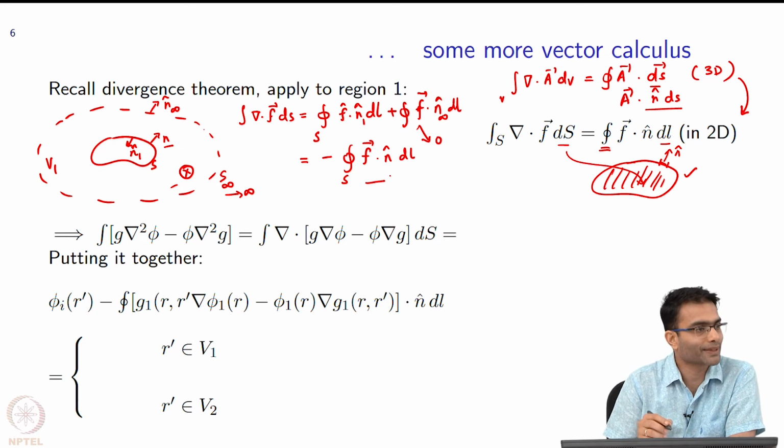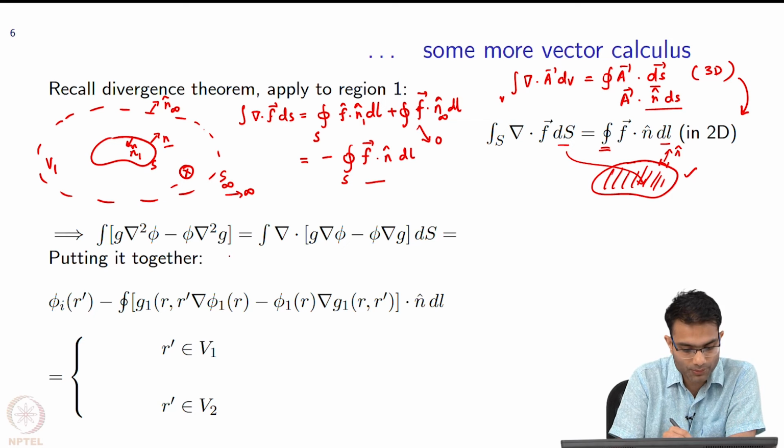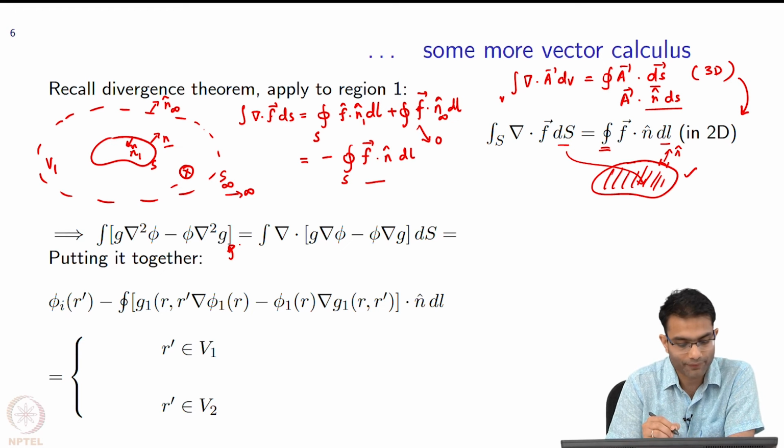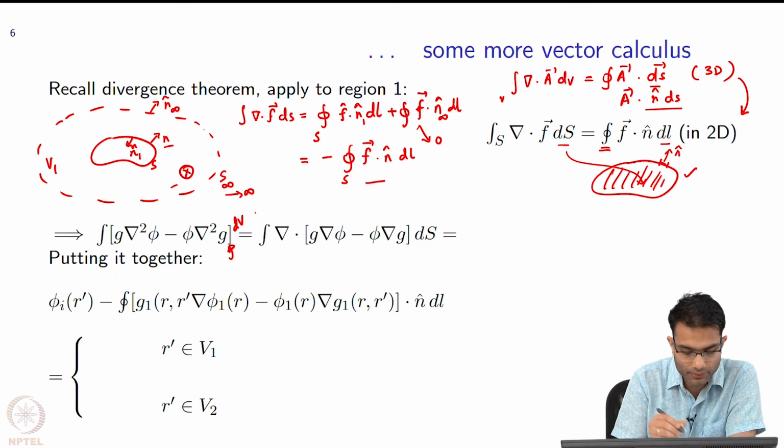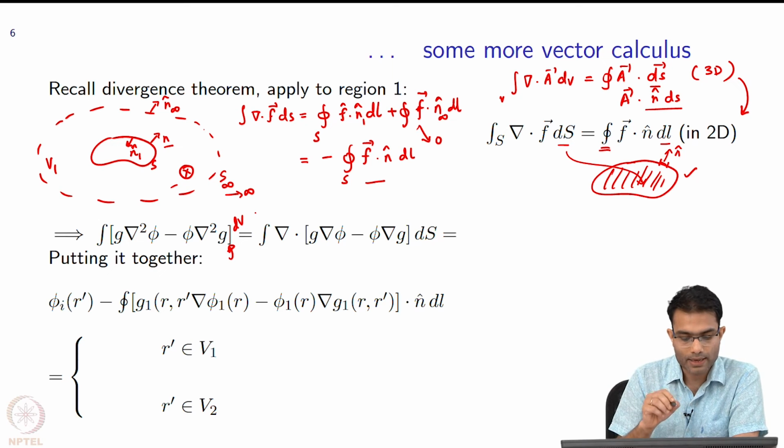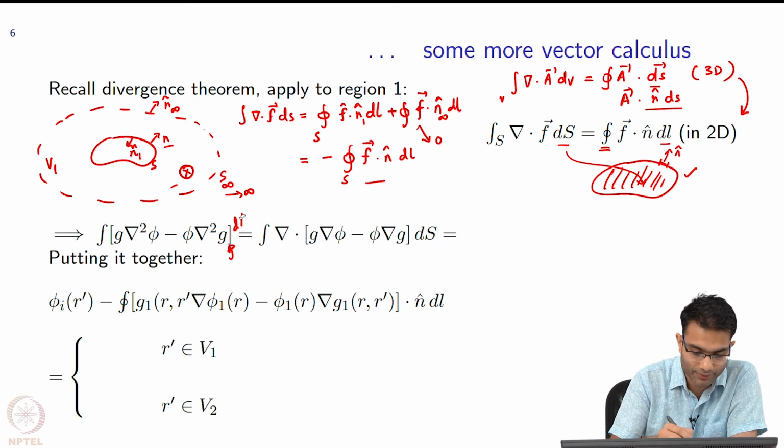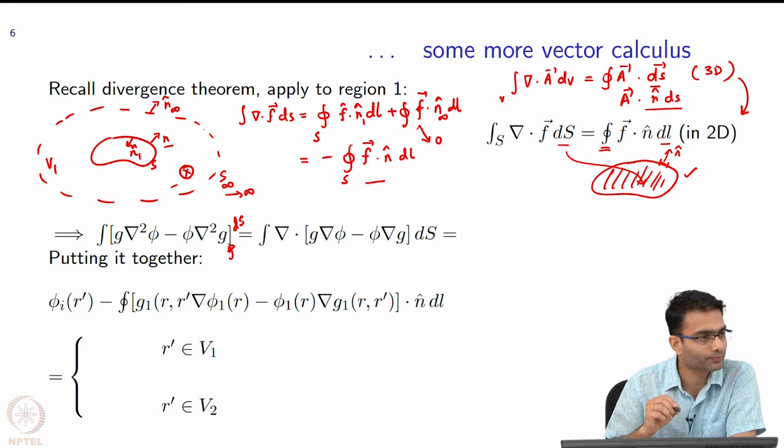Going back to the vector calculus identity we had on the previous page, we had integrated over volume, there is a dV missing over here, and in this case it is dS because I have moved it down to a 2D problem.